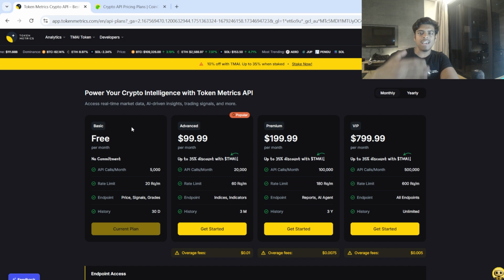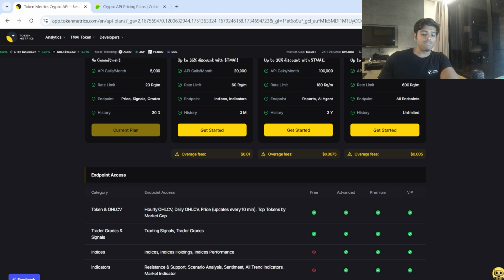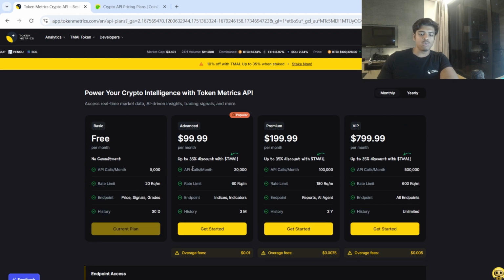You're able to test the API and see how it fits within your platform, trading agent, or dApp before you pay anything. The Token Metrics API comes with 5,000 free API calls with 20 requests per minute. However, that comes with the trader grades and signals endpoint. So if you need the extra analysis, predictive token signals and token grades, Token Metrics is a clear winner here. They also have a 35% discount if you pay with the native token, and when you pay yearly, you get 2 months for free.